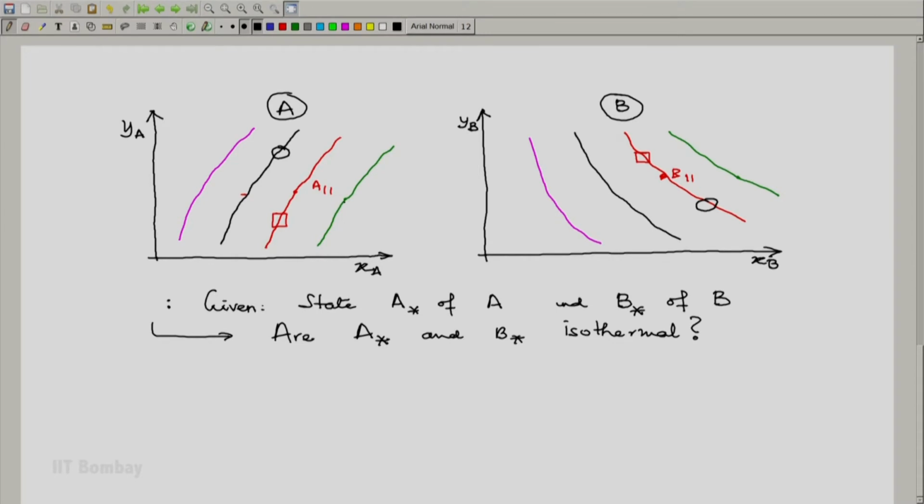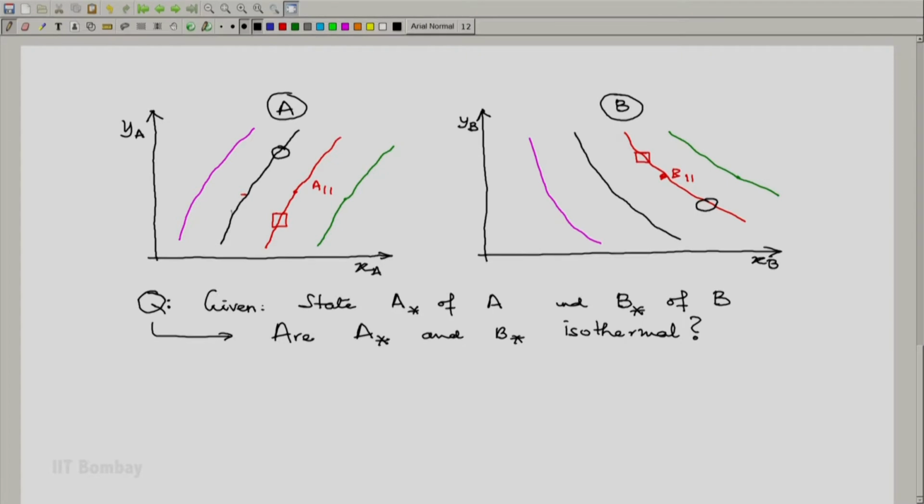The green isotherm in the state space of A corresponds to the green isotherm in the state space of B, and so on. And the question which we could answer using this map of isotherms is, given some state A star of A and B star of B, are A star and B star isothermal?